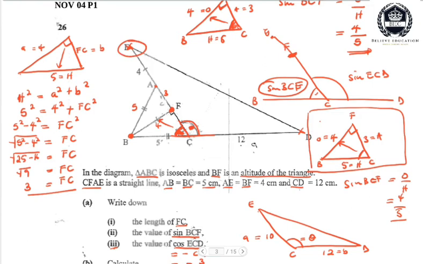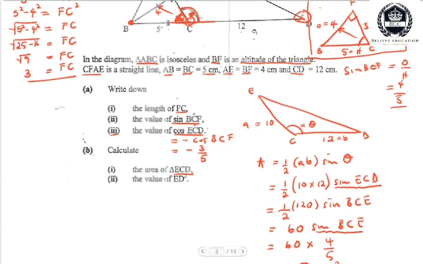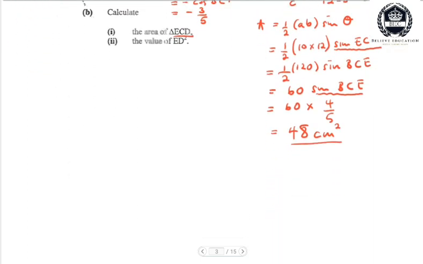So you find here we have E, then D. So the triangle with that one is this one, which is E, C, and D. So I extract my triangle. So here we have E, then we have D, we have C, then we have 10, and then we have 12.